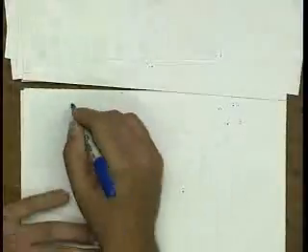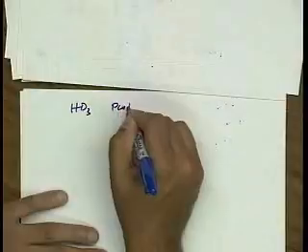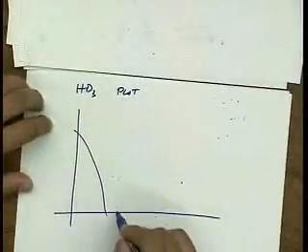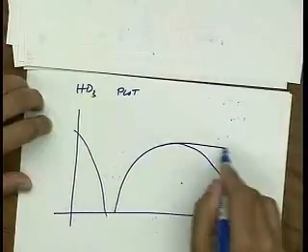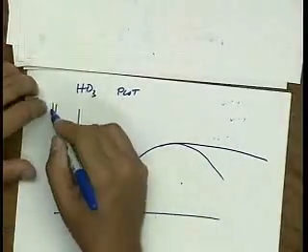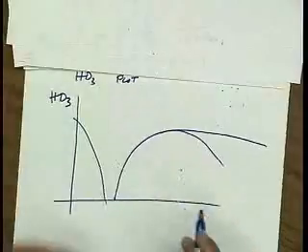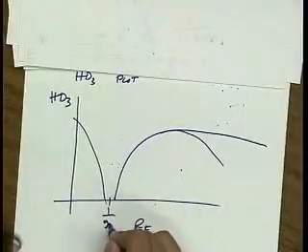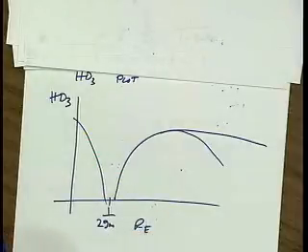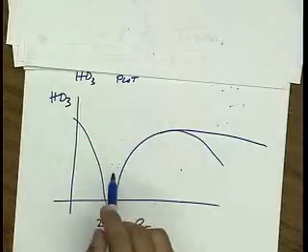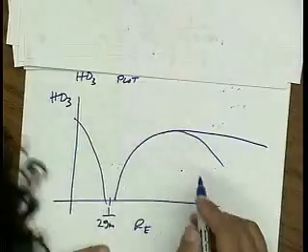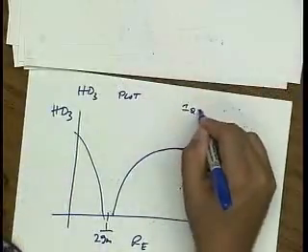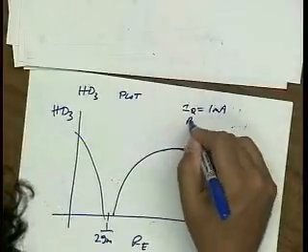If I plot HD3 versus RE, I get a plot that looks something like this. So this is HD3 on a log scale versus RE on a linear scale. This is the null, 1/2 GM, and this is quite a deep null. So for instance here, I used an example where IQ is 1 milliamp.